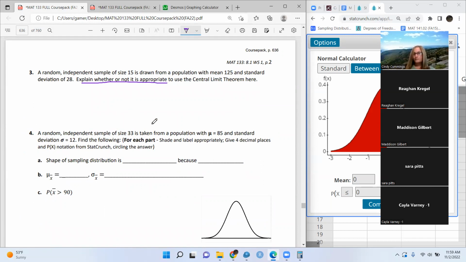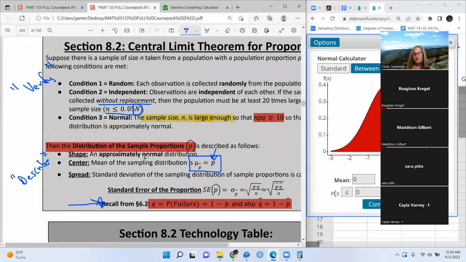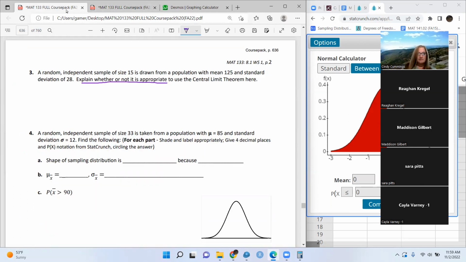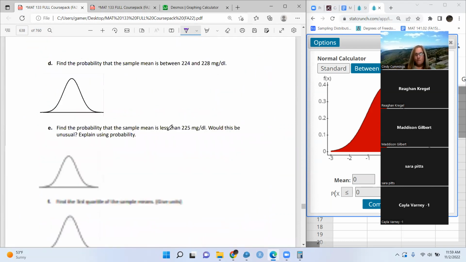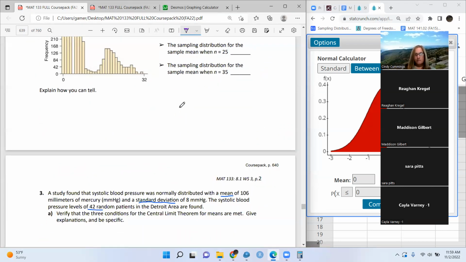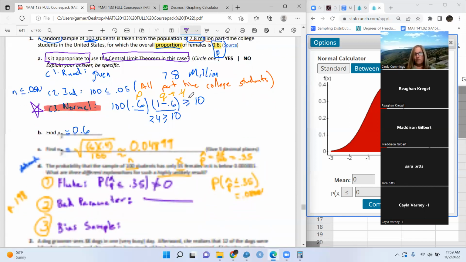So that's the third thing that could happen when you're thinking, do you need the 3 conditions or the shape, center, spread? The clue is, we're not saying verify, which when we say verify, it means they're met. You have to prove you know that the 3 conditions are met. Fun, right? Good old reading.